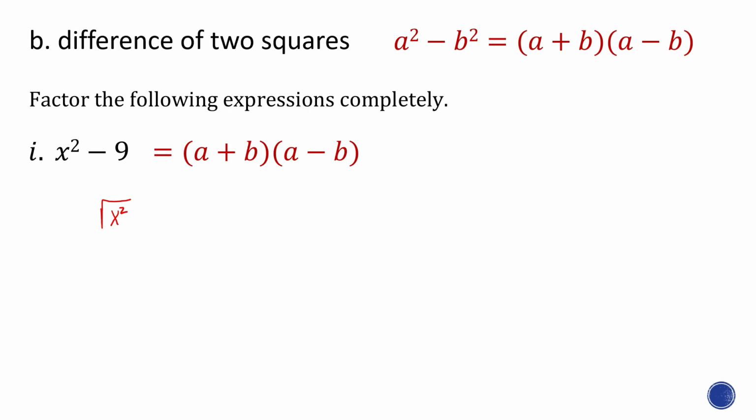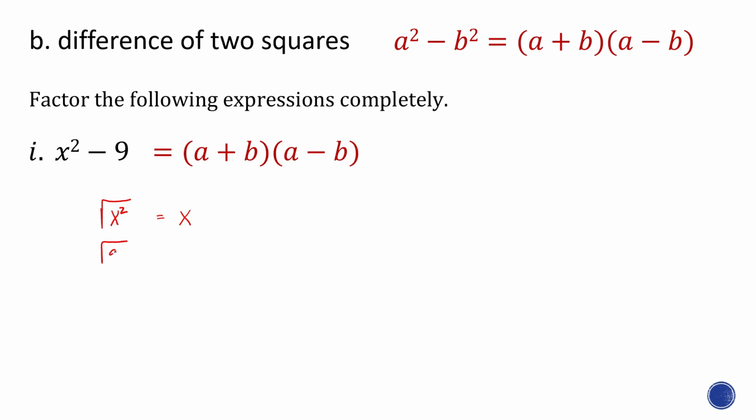The exponent of the variable should be even. To find the square root of that, simply divide that 2 by 2. Whatever the exponent is, you simply divide it by 2 to get the square root of that literal coefficient. So here, 2 divided by 2 equals 1, so that's x.